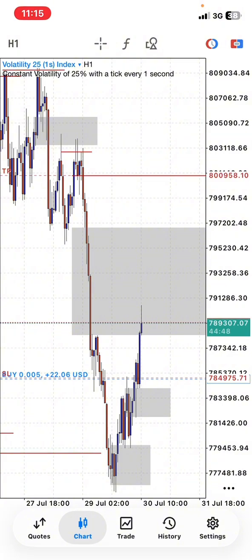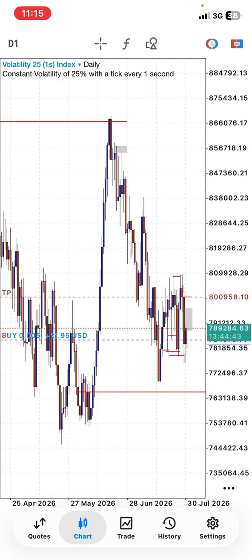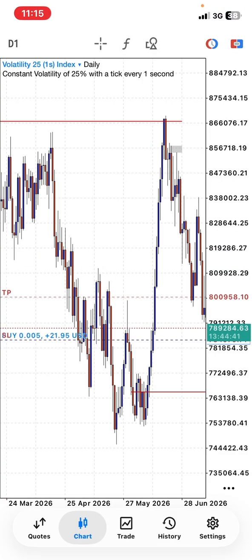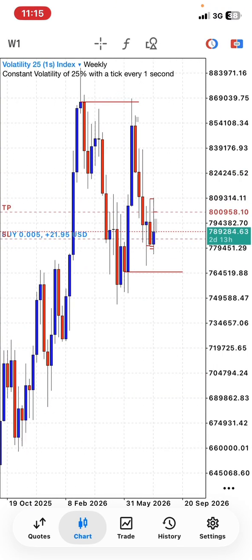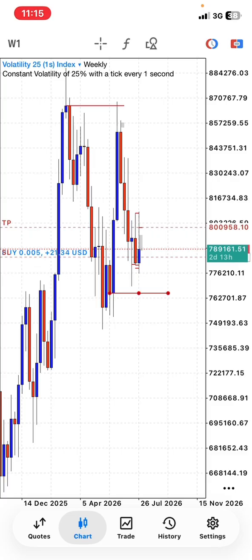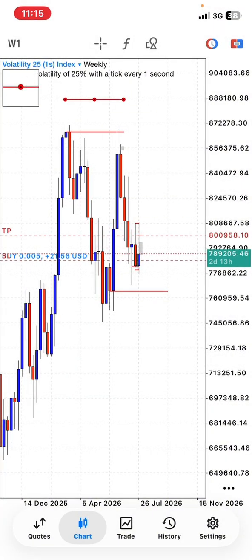All these are roadblocks, because if we go to the daily, you see that we're in a sell trend, and if we even go to the weekly, it hit this weekly rejection block. For me to further enter the buy, to be sure of the buy, I have to wait for it to hit the TP of this weekly buy rejection block before I can think of buying to the upside buy side liquidity.